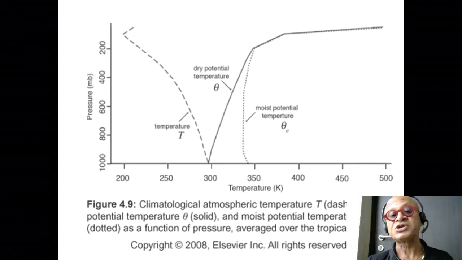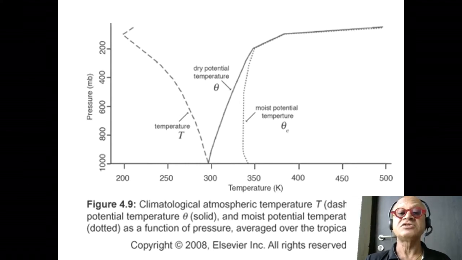So that's dry convection. The other things here we will look at again after we define dry potential temperature and moist potential temperature. You can see that dry potential temperature is basically almost the opposite of the plain temperature, which we said is not conservative.